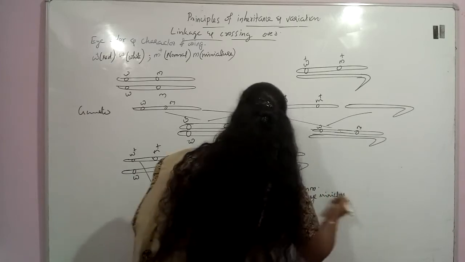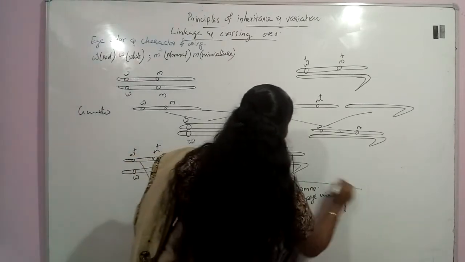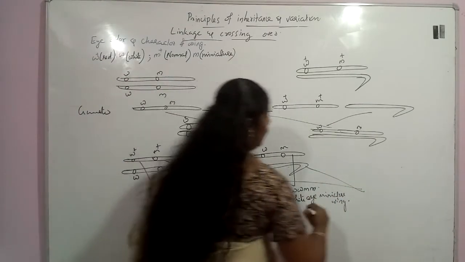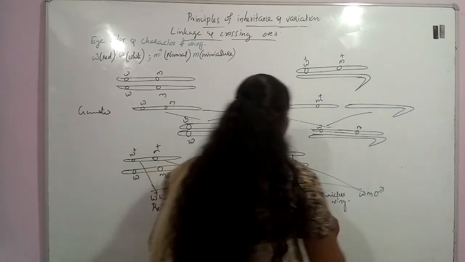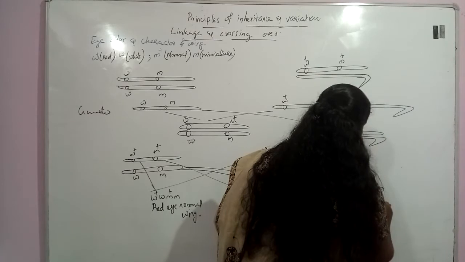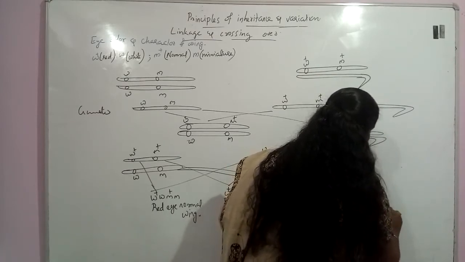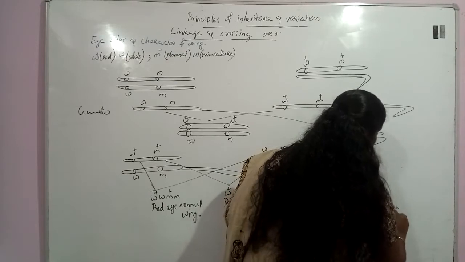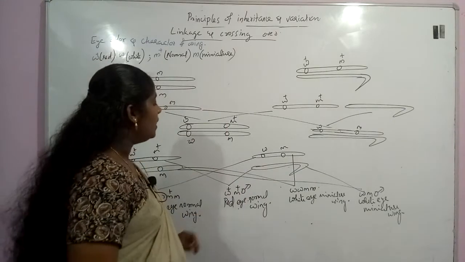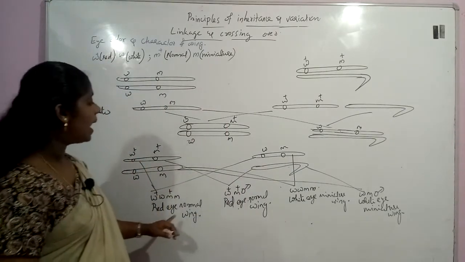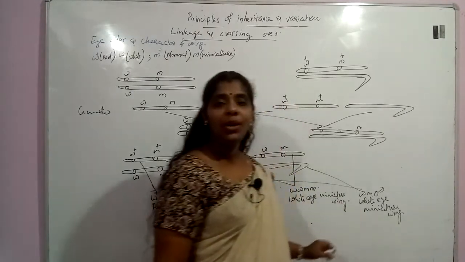And if the WM X chromosome combines with the Y chromosome, it forms a WM male, the white eye miniature wing male Drosophila.